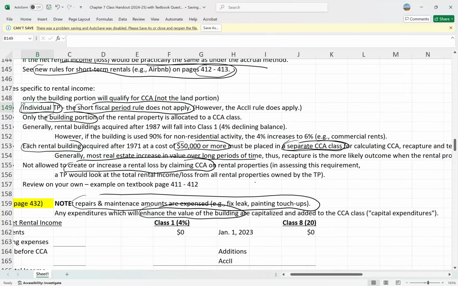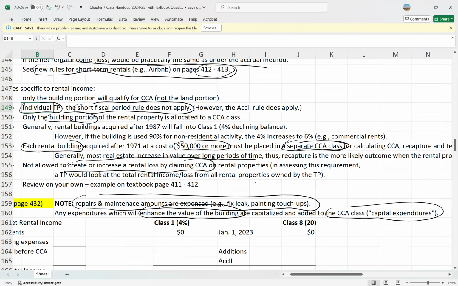If you were putting in, let's say, a brand new roof with much better material, not just restoring it to the original condition, but enhancing the value of the building by putting on a new roof that had more protection, then generally that would be considered a capital expenditure, and you would have to add it to the cost of the building in the CCA class.